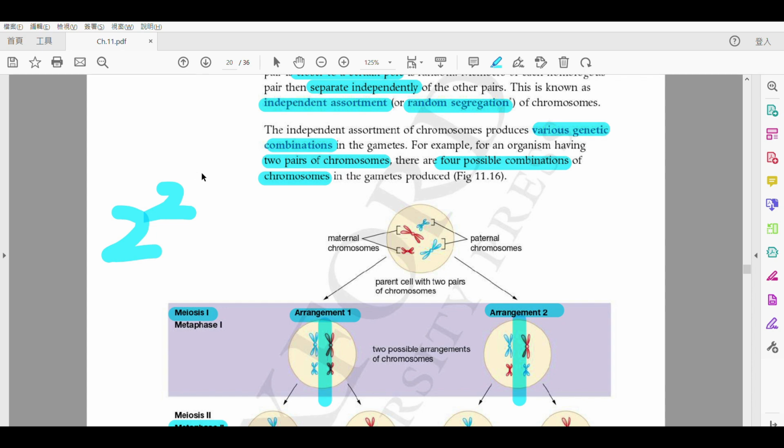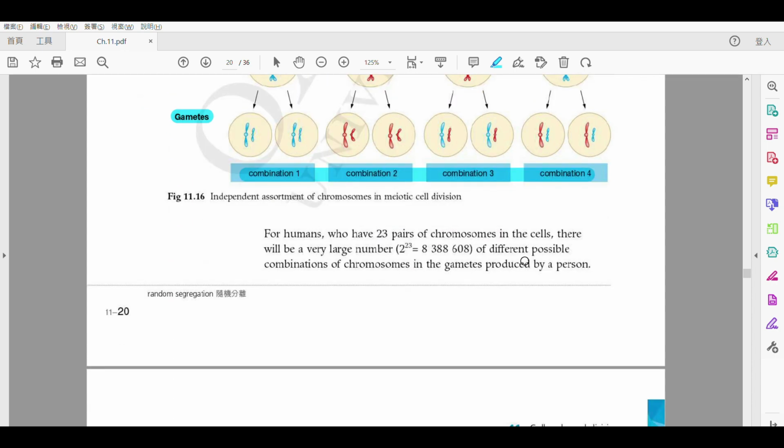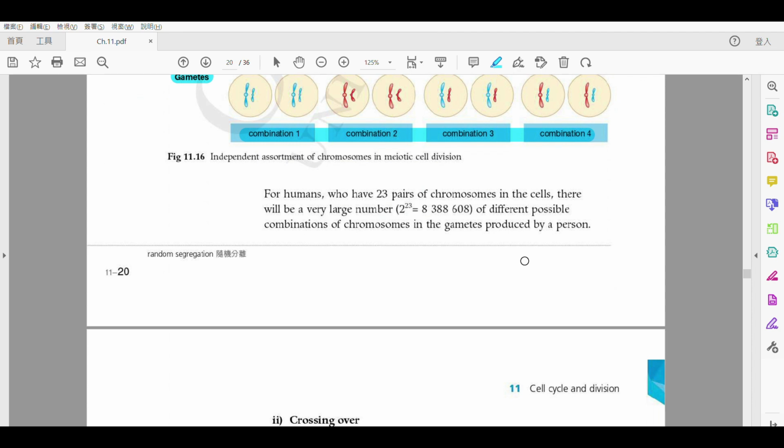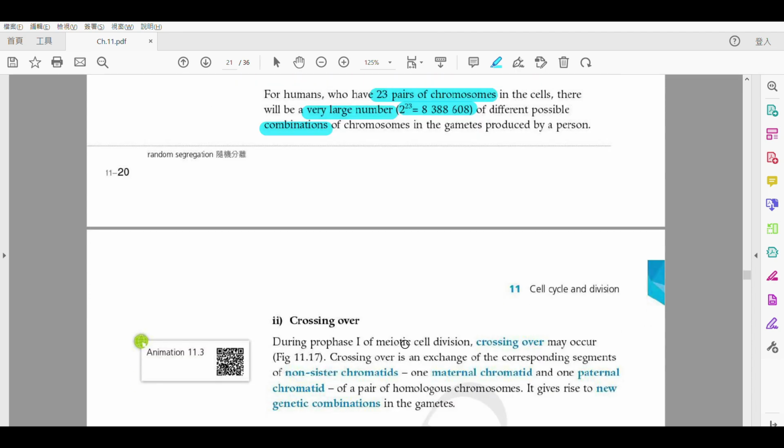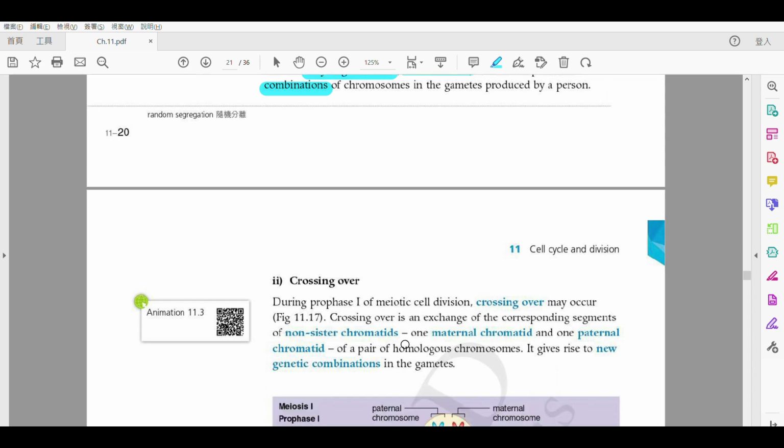So the power is 23 here, very large, so there are lots of different combinations. Let's continue. So we have 23 pairs of chromosomes and a very large number of combinations. Why? The reason is 2 to the power of 23. You will have that many combinations produced by one person.